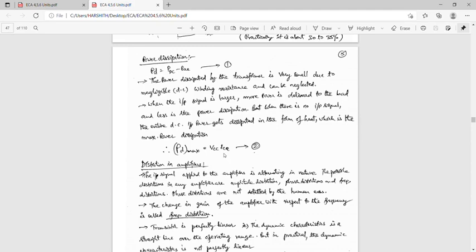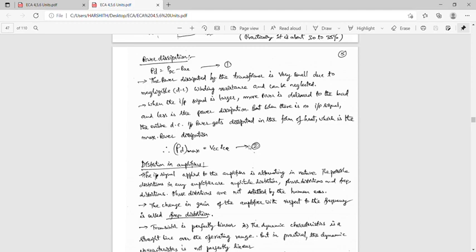That means when the input signal is larger, more power is delivered to the load and there is less power dissipation. But when there is no input signal, the entire DC input power is dissipated in the form of heat, which is the maximum power dissipation. So PD max equals VCC into ICQ.